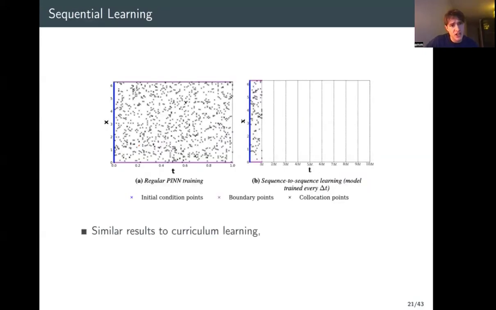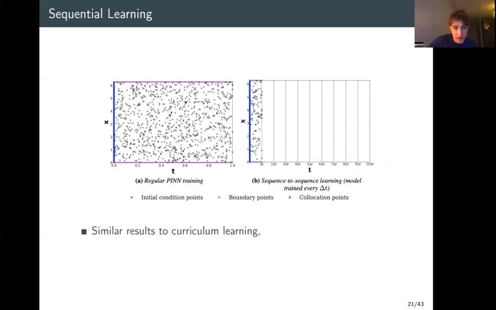Another example, which is actually quite similar, is instead of making the problem simpler by making the velocity smaller, we're just going to consider solving the equation on a subdomain. So here the equation is solved for some given time, and we're going to consider solving the equation for a smaller time.